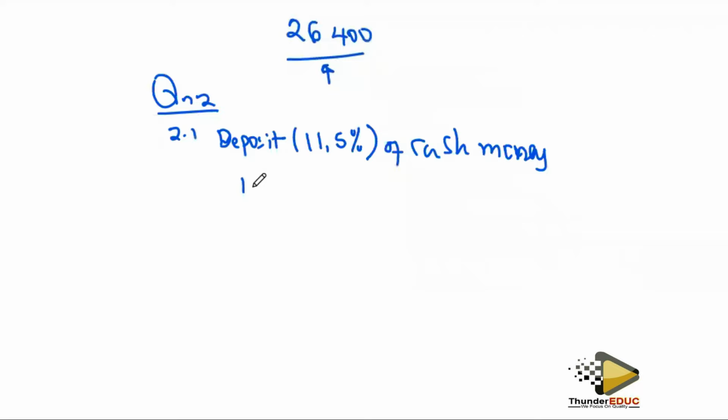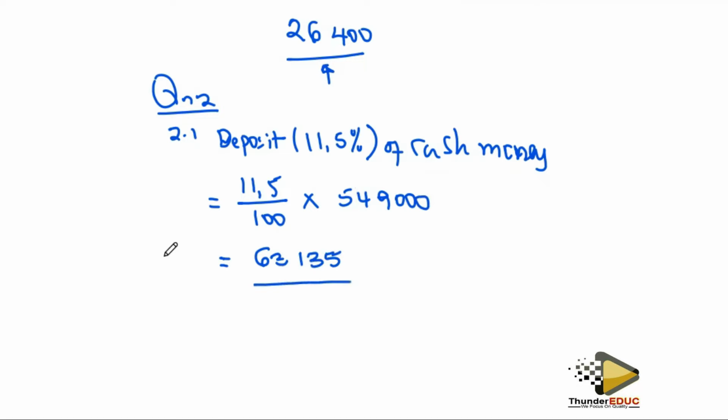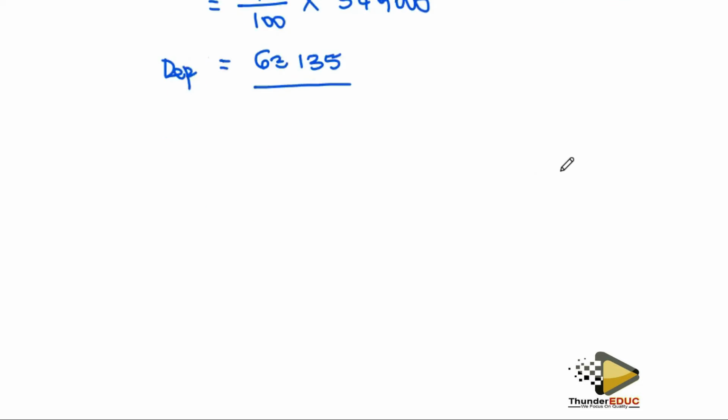So you shall say 11.5 over 100 times the money he should have paid for the house in cash. So the deposit is supposed to be 63,135 deposit. Are we there? That was 2.1.